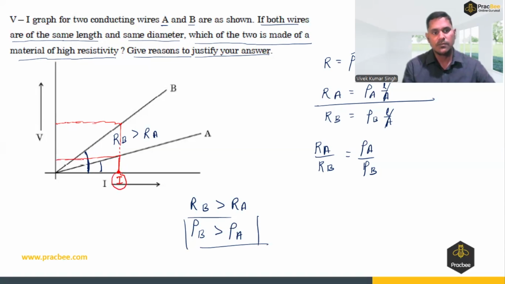But through A, we'll be getting the same amount of current with a smaller value of potential difference. Got it? So this gives the same amount of current with a small potential difference, but this needs a larger potential to give the same amount of current. It means this is offering more resistance and this is offering less resistance.